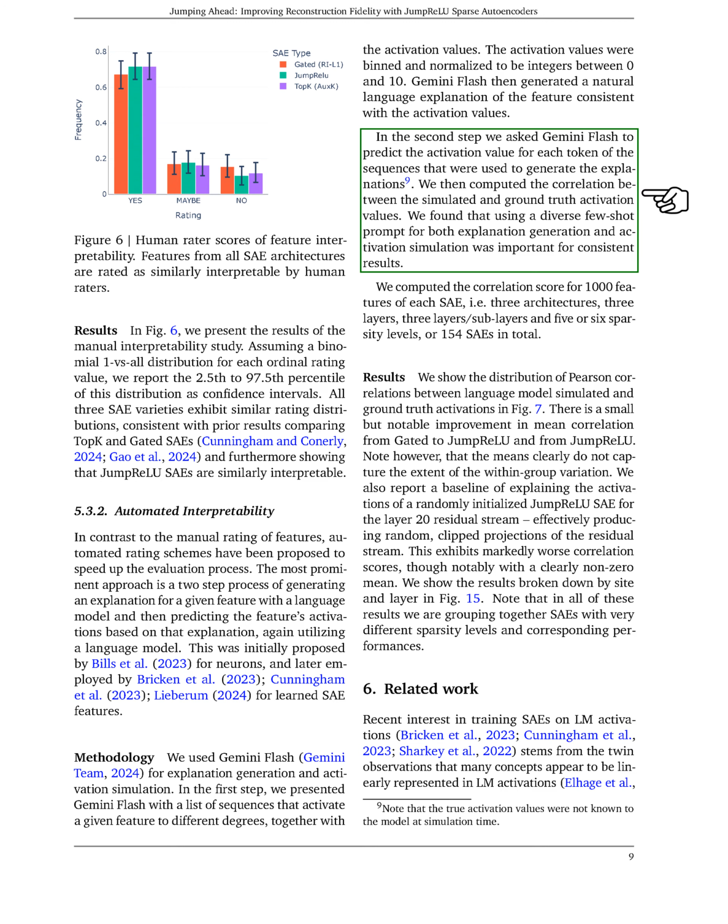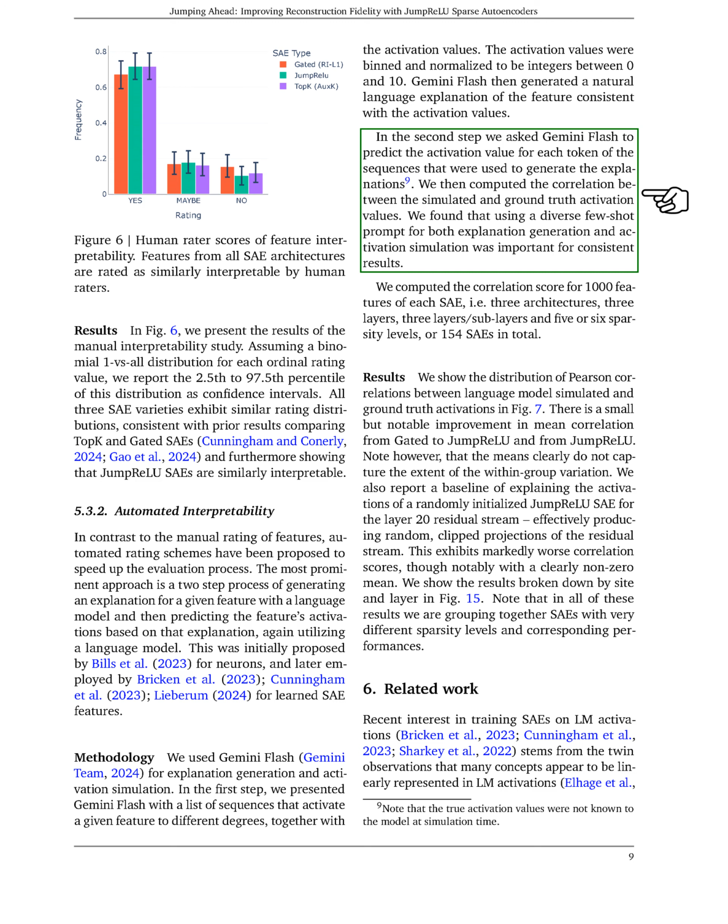In the second step, we asked Gemini Flash to predict the activation value for each token in the sequences used to generate the explanations. We then calculated the correlation between the simulated activation values and the actual activation values. We discovered that using a diverse few-shot prompt for both explanation generation and activation simulation was crucial for achieving consistent results.